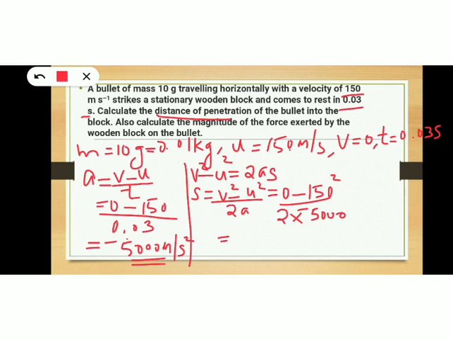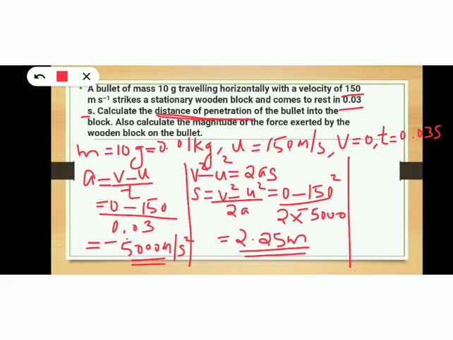Okay, when you simplify you will get the value of displacement as 2.25 meter. Just find out the value not through using a calculator, but you must do all the calculations manually. You are not supposed to use a calculator for your exams. Okay, so first part is over.